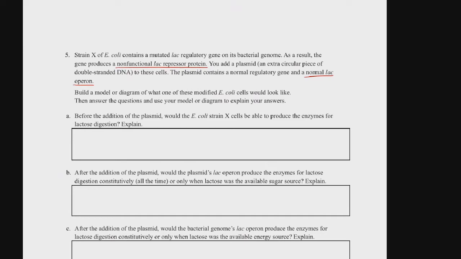So E. coli are little bacteria, and I can draw them just up here. They have circular chromosomes. So let's say this is bacteria 1 and 2. They have circular chromosomes on the inside. And let's say that this mark right here is in one where the defective lac operon is present. Maybe actually, let me choose a better color, but the picture is going to look exactly the same.